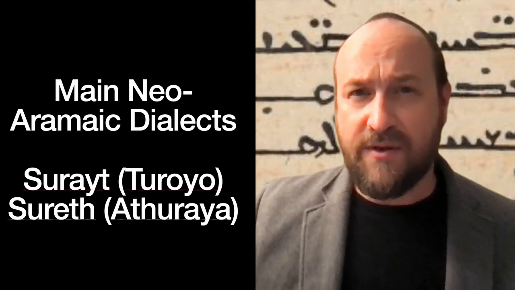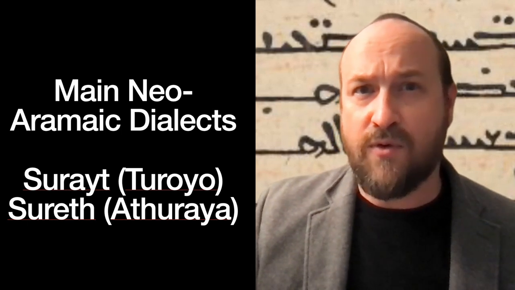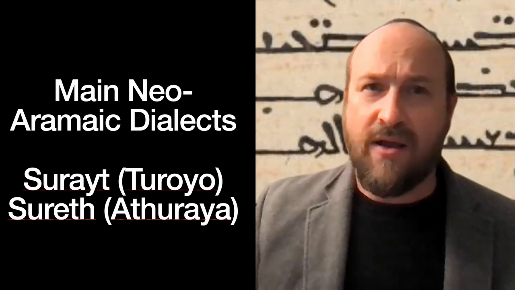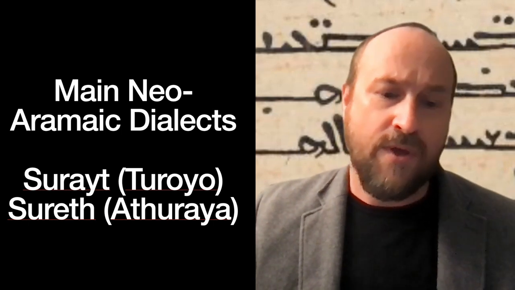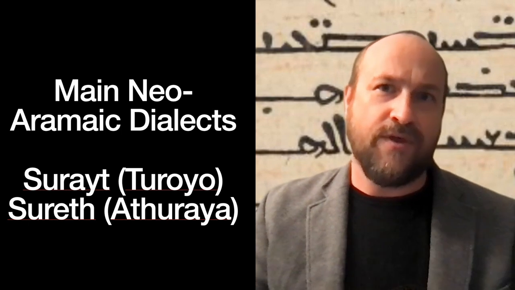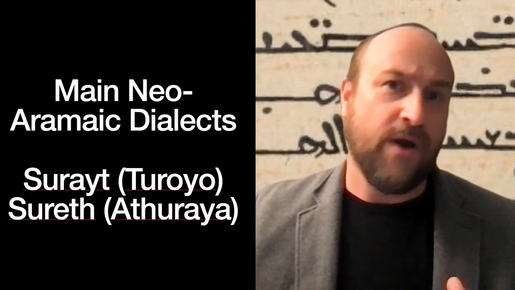It functions as a liturgical language for different churches from the Middle East, but more importantly, communities still speak this language. So when it comes to modern Aramaic, there's basically two dialects, or maybe strands, I could say. There are variations of a similar name, Surayt or Turoyo, which is the Western version of Neo-Aramaic.